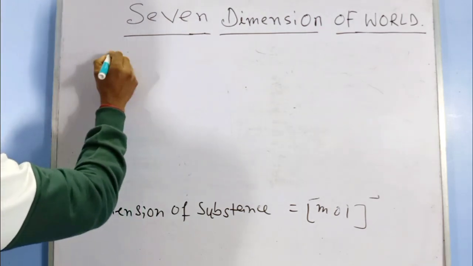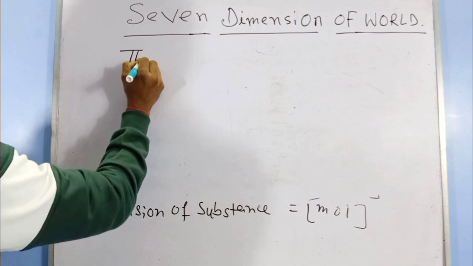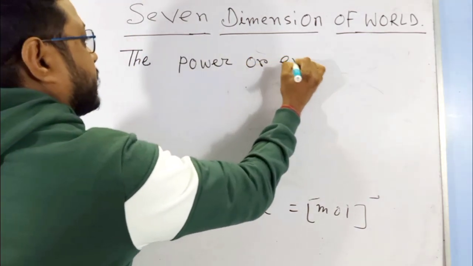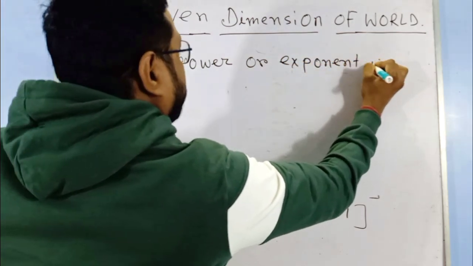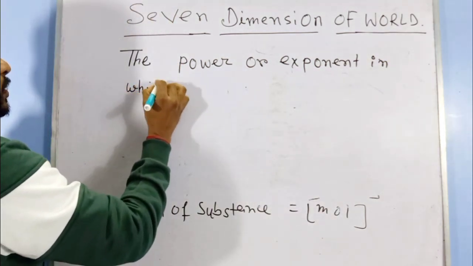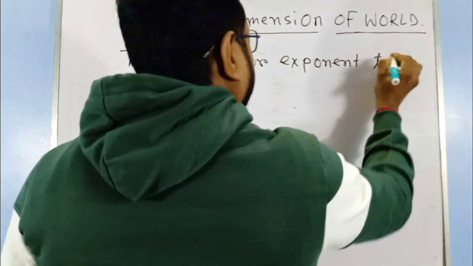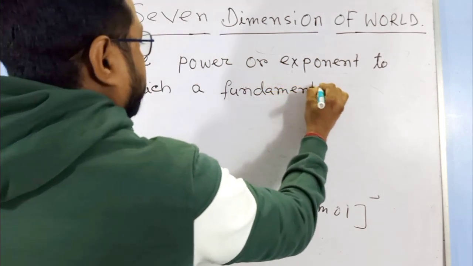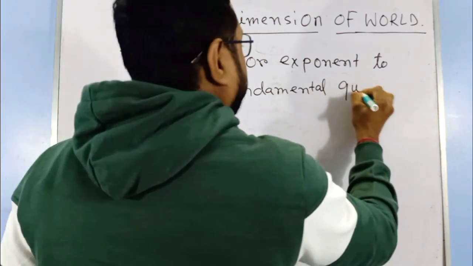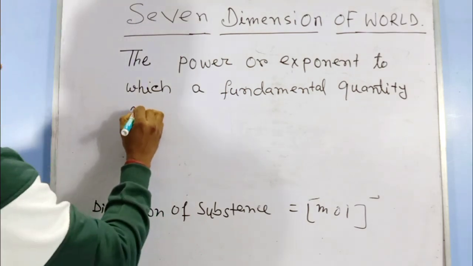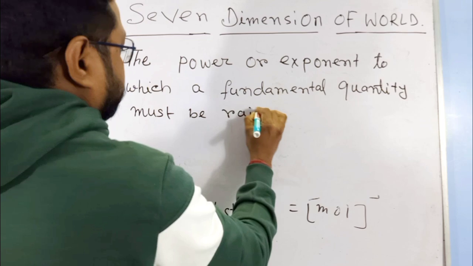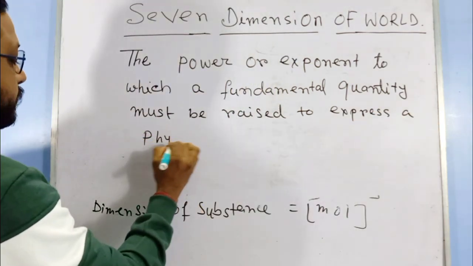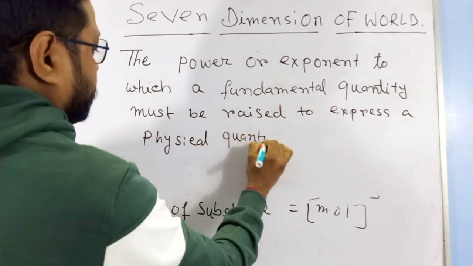Now, we go with the definition of dimension. The power or exponent to which a fundamental quantity, that is any of the 7 dimensions, must be raised to express a physical quantity.